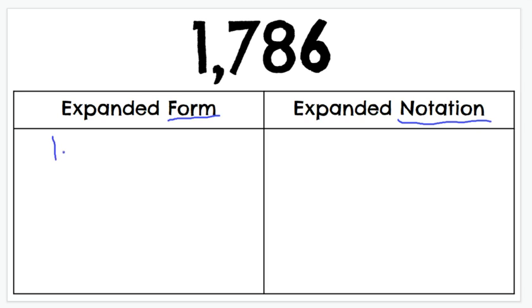When I write my number, 1786, I'll label my place value: ones, tens, hundreds, and thousands. Now I remember that expanded form is stretching out a number to show the value of each digit. So my first value in the number 1786 would be 1000, because there's a 1 in the thousands place.